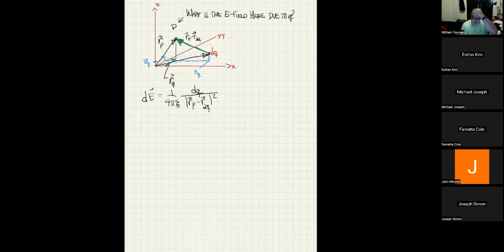Now, in principle, it's not yet a vector because I don't have a direction. So if I multiply it by that vector like I did earlier with the Coulomb's law problem for force, that would give me the right direction.